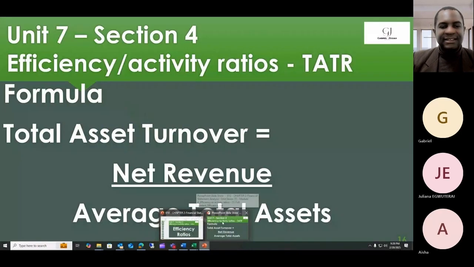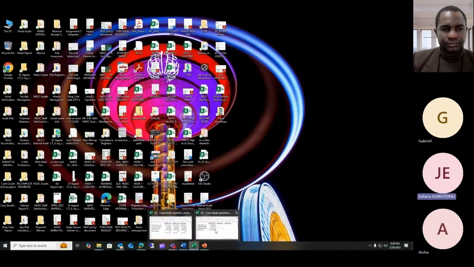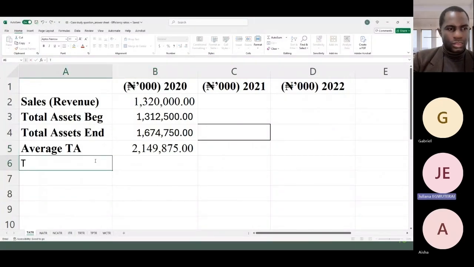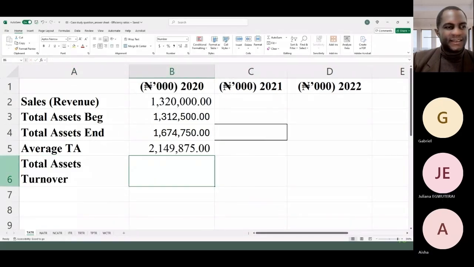Don't mind my interpretation or my explanation. 0.82. So let me get my first one before I use the second one. 0.84.